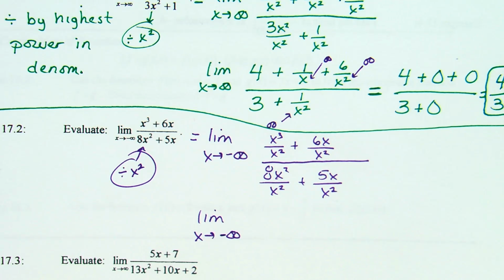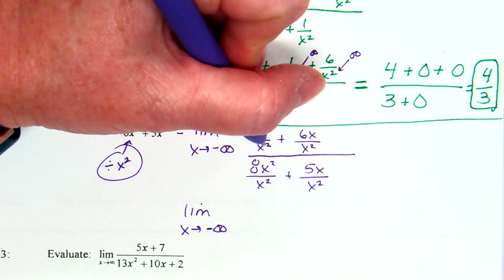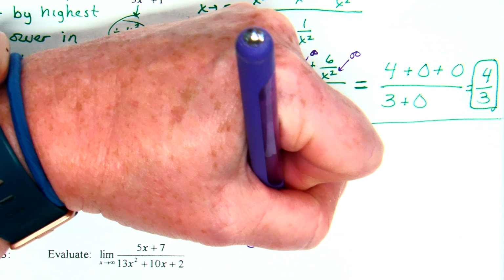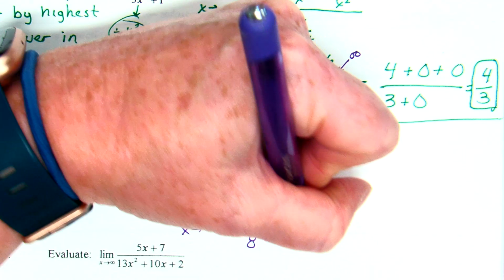Okay, so it's always helpful to rewrite that. x cubed over x squared is going to simplify to x. 6x over x squared is 6 over x, right? 8x squared over x squared is 8. 5x over x squared is 5 over x.